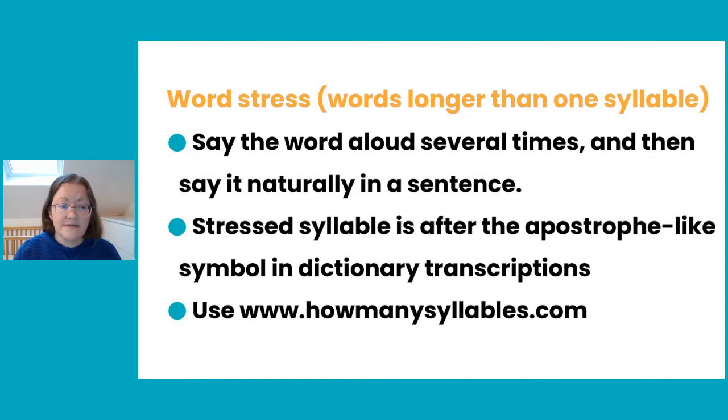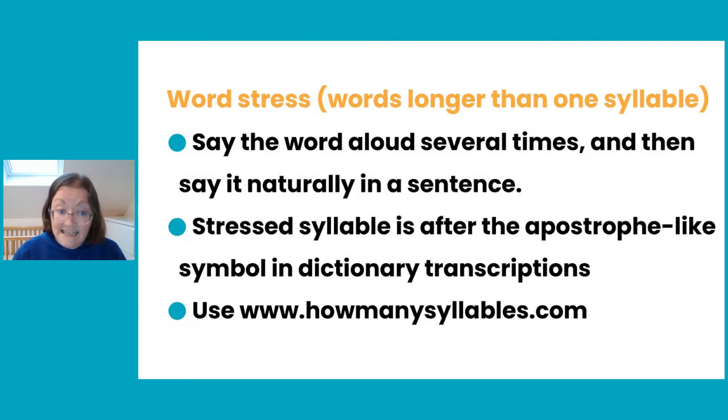I might say, for example, phonetics. Yeah, phonetics. I love studying phonetics. Now, I don't know about you, but I can hear it very, very clearly on the second syllable. So phonetics. The net is like jumping out.